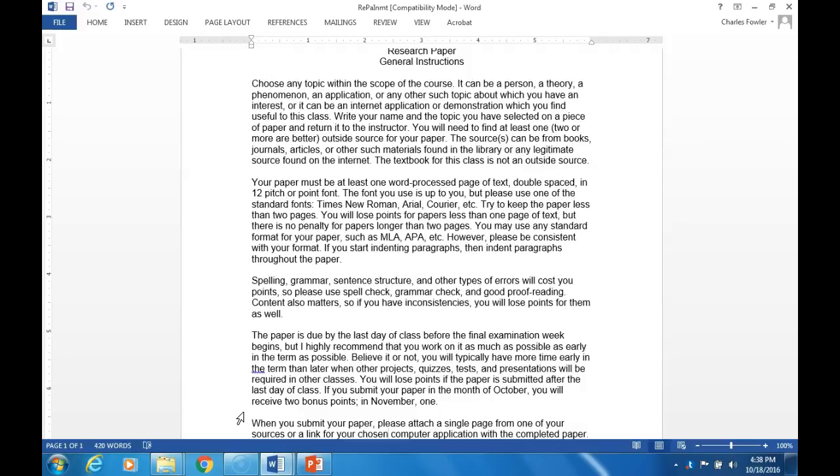You'll triple space and maybe start a paragraph here. Now, one page of text would start here, go to the bottom of this page, then go back to the top of the next page, and has to come at least that far on the second page to be one page of text. Because I don't want all header, all margins, and everything else and just a little bit of text. That's not a page of text.